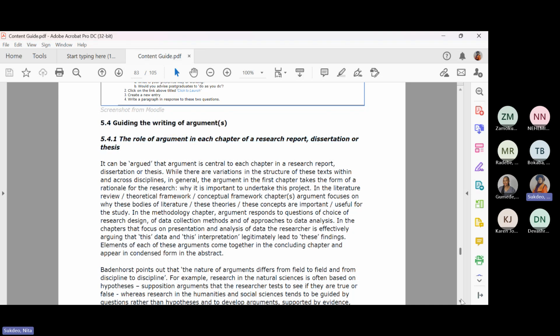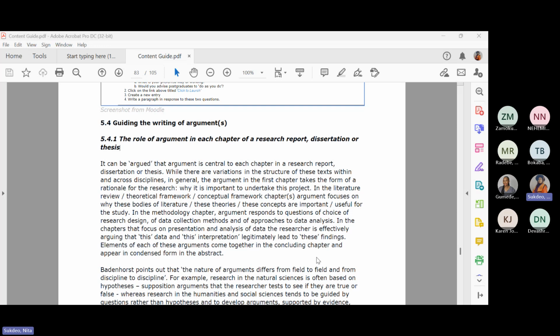So when we are guiding the students, do you just guide them generically on how to structure these chapters, how to write up these chapters, or do you take them step by step, each chapter, chapter by chapter? How do you guide them on that actual writing process?